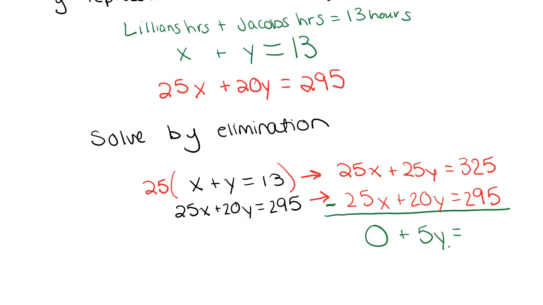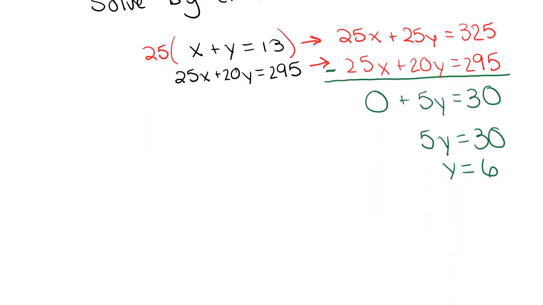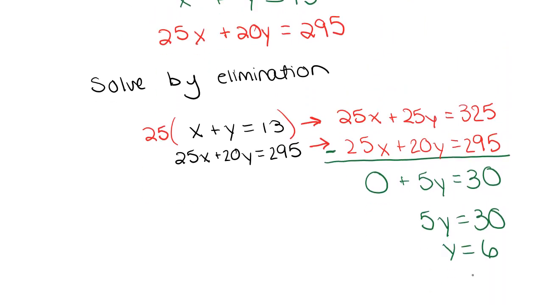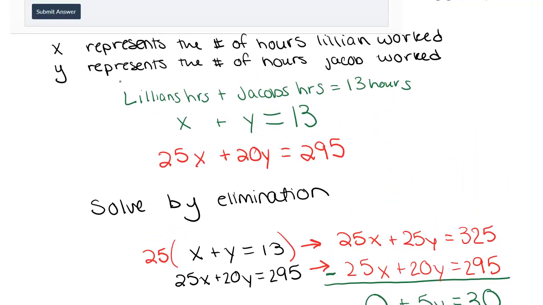And 325 minus 295 is 30. All right, there we go. Let's finish up solving this. So already I know that y is 6. So if I scroll back up to what y represents, that means that Jacob worked 6 hours.